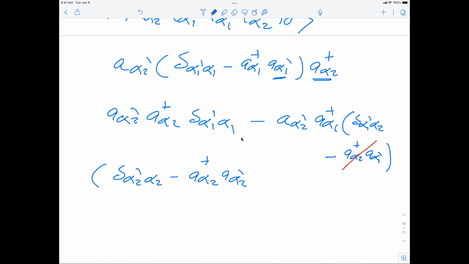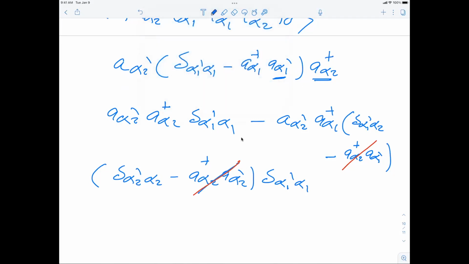And these terms actually multiply with alpha 1 prime with the Kronecker delta here. And now we see that the last term here is actually equal to 0, right? Because this is an operator which now acts on the vacuum state, and it tries to destroy a state which doesn't exist. So we can put a cross over this one. Let me just use the red one just to cross them out like this.